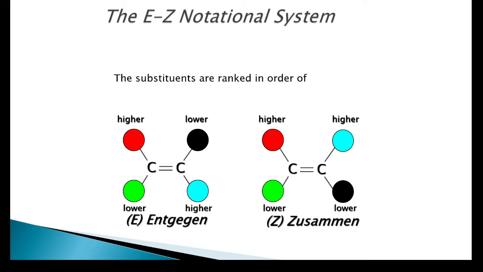Well, how do I know my priorities? Well, here's how we rank them, right here. The substituents are ranked in order of decreasing atomic number on each carbon. The higher your atomic number, the higher your priority.